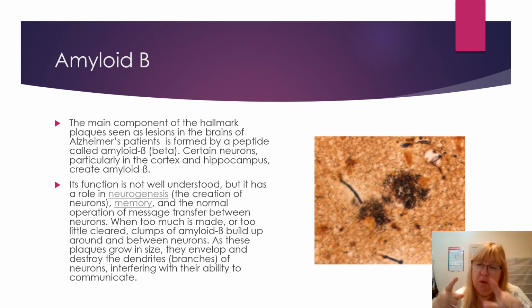You remember, or if you've read it, you'll see that the neurons communicate across little synapses, one neuron to another, and the messages get passed down and down and through the body from neuron to neuron. So if this is being interfered with by being clogged up, only half a message, or an incomplete message, or not even a message at all is getting through. Okay, so that's amyloid B.